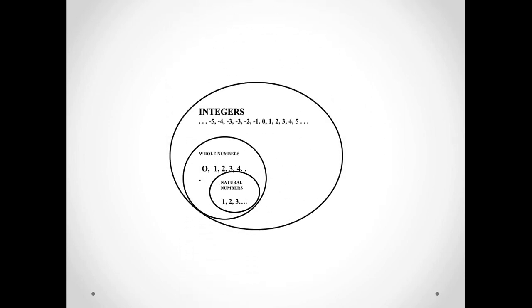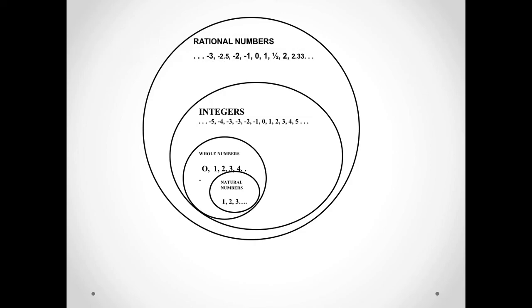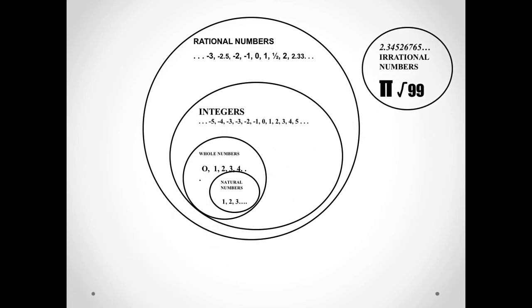So, we studied the natural numbers, whole numbers, integers, and rational numbers. These are the groups which come in the same form. What about the ones which are not perfect squares, or are non-terminating or non-repeating decimals?